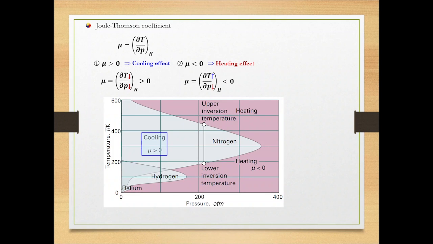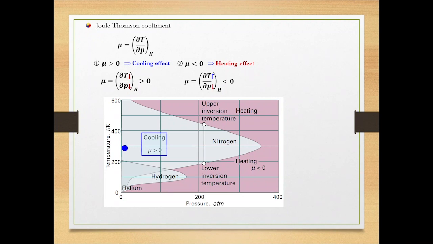When you touch the tire valve, you would feel cool from it. The air consists of 78% nitrogen gas. So, the air may be at the physical state marked by this blue dot that is positioned in the area of cooling effect. And that explains why the tire valve is getting cool during the deflation process.